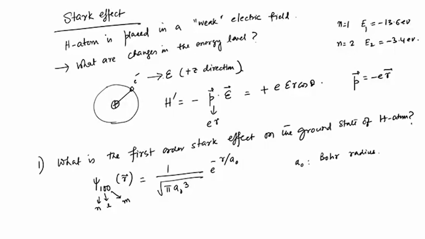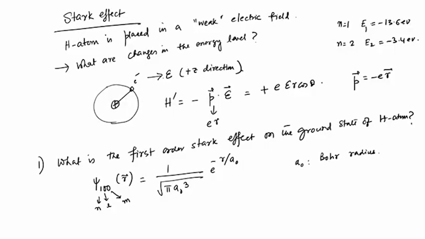So, you calculate P of r, the probability, by taking the mod square of this psi 100, take dP dr, put that equal to 0, and you will calculate r in terms of a0. r comes out as a0. Anyway, that is not the point that we are trying to make here.